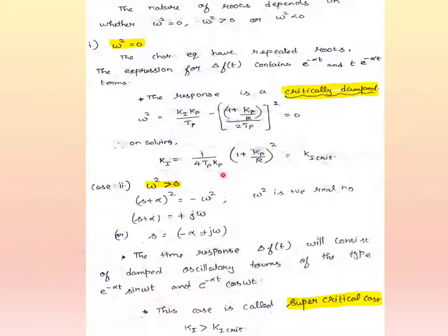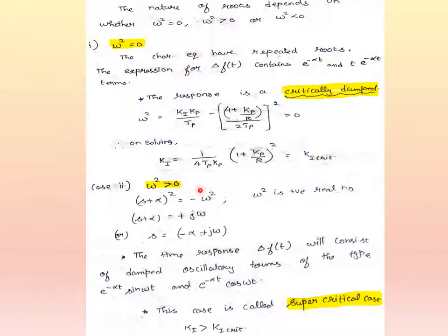The nature of the roots, whether it is damped or oscillatory, depends upon the value of your omega square. First case, when your omega square is equal to 0, your response of the system will be critically damped. So your expression will contain e power minus alpha t and t e power minus alpha t terms, and your roots will be repeated roots.